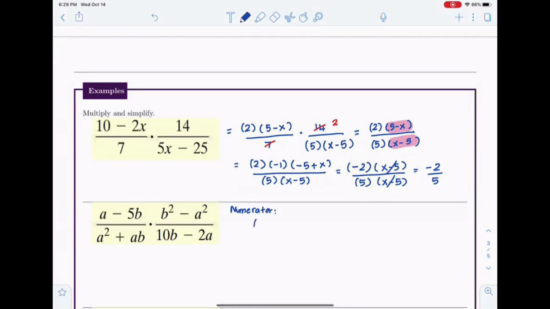of factoring. So a minus 5b, there is nothing I could do about it because I don't see anything in common. The second term is b squared minus a squared.